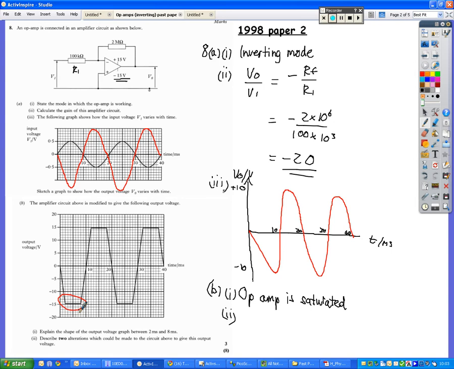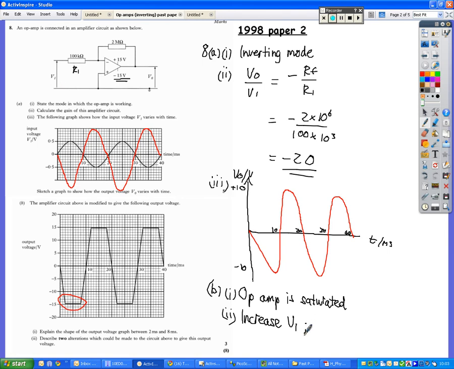Describe 2 alterations which could be made to the circuit above to give this output voltage. So to give a saturated output voltage. There are a few things you can do. You can increase V1, because remember it is V1 that is being amplified. So the bigger that becomes, the more likely you are to produce a voltage that is greater than the supply voltage and therefore produces saturation.